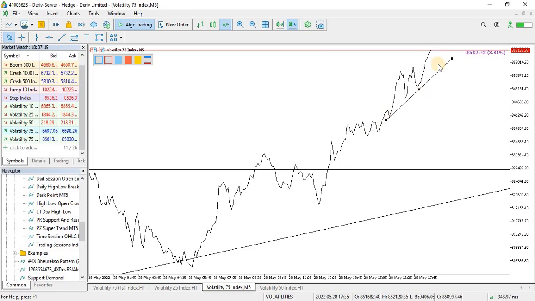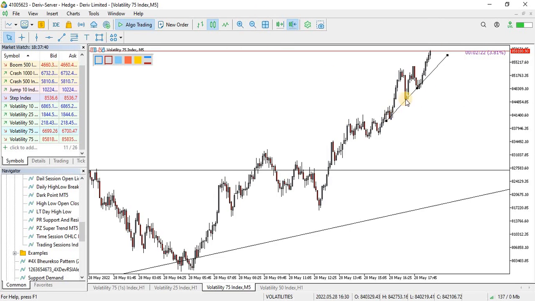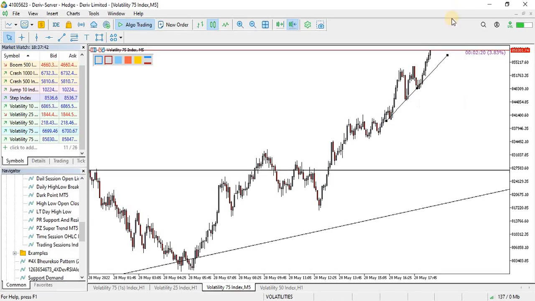You can see it made the first contact here, it came close, but when you put your candlestick, it was a contact. There's a contact there, there's another contact. So 1, 2, the third one, it went.